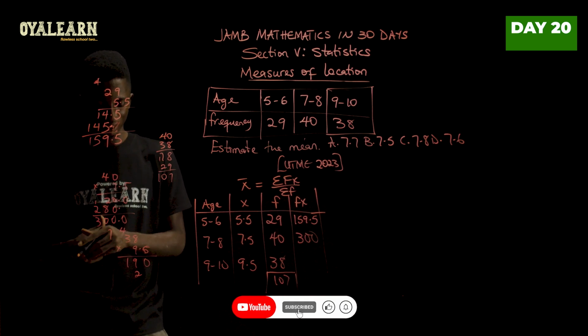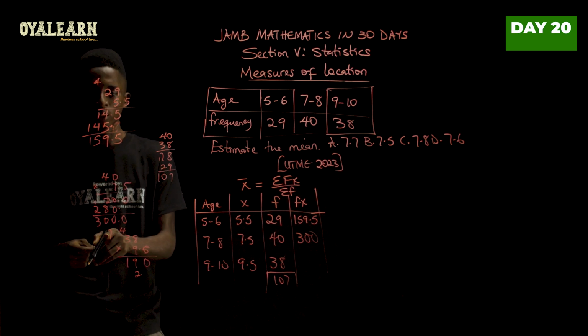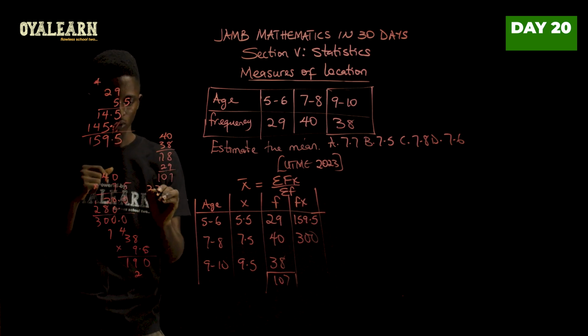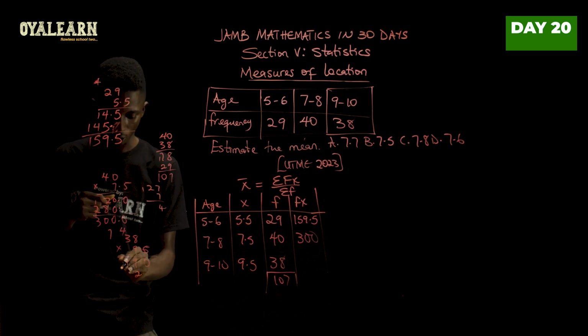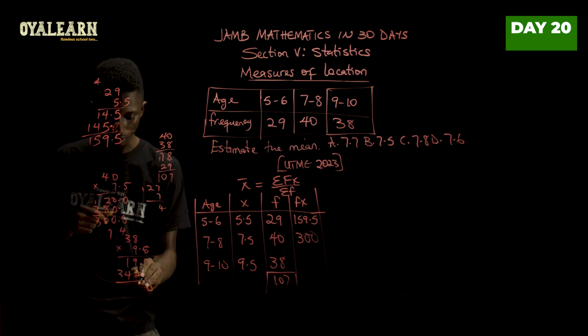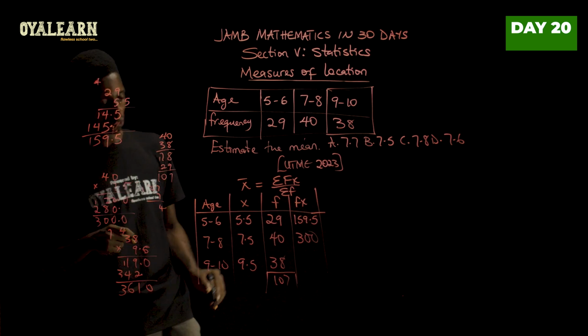Now 9 times 3 is 27. 27 plus 7, that is going to give us 34. So this is 0, this will give us 1, carry 1. This is 6, so 361.